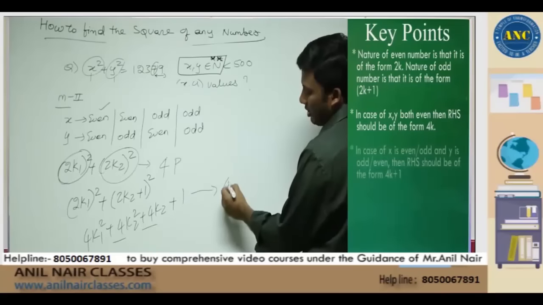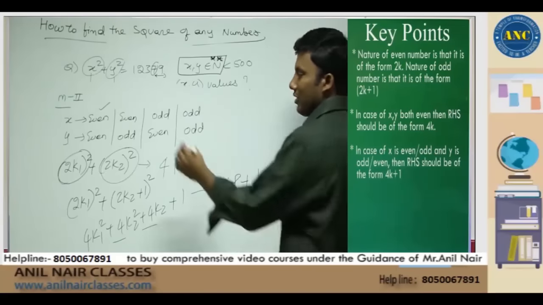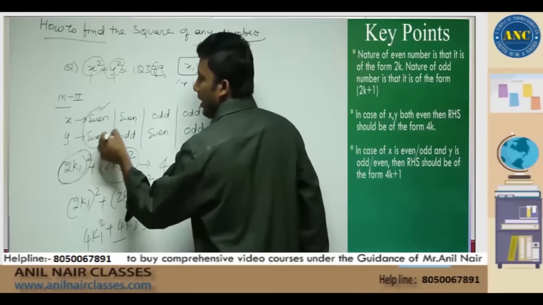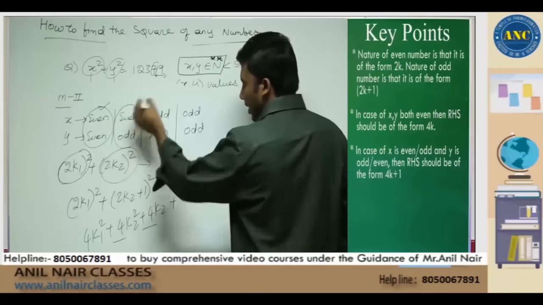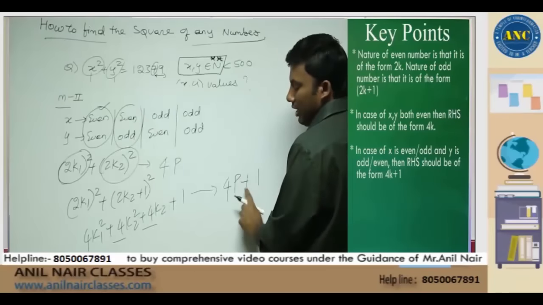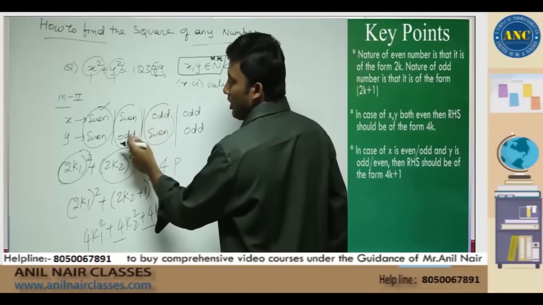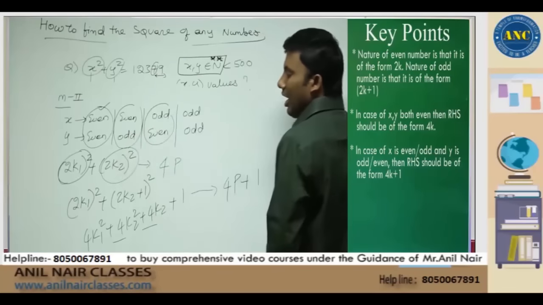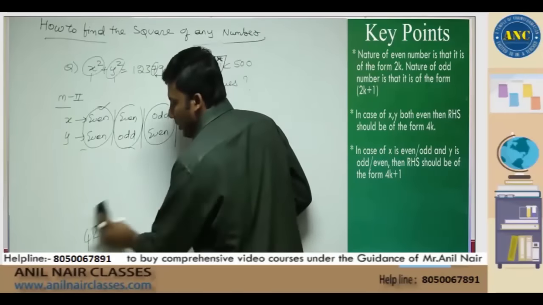So the second nature is of the form 4p plus 1. First case gave me the answer that the right hand side should be divisible by 4. Second case gave a remainder 1 when divided by 4. The second and third cases are similar, where one is even and another is odd. So we got 4p and 4p plus 1.